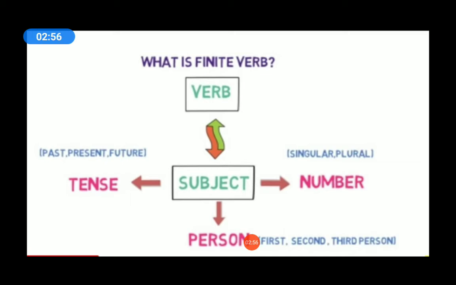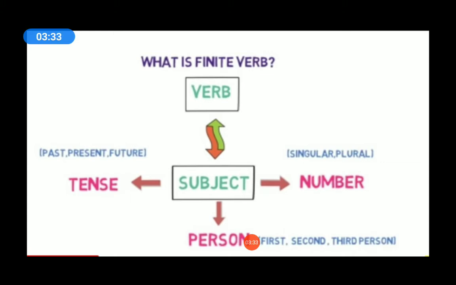When I say a finite verb is that verb which must agree with the subject in number and person, that means a finite verb is that verb which changes its form with the number and person of the subject, in fact. Number means when the subject is singular, the verb should also be singular, and when the subject is plural, the verb should also be plural.